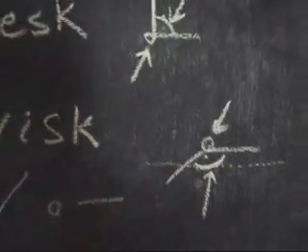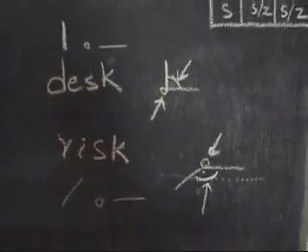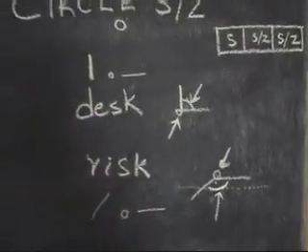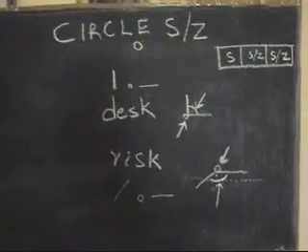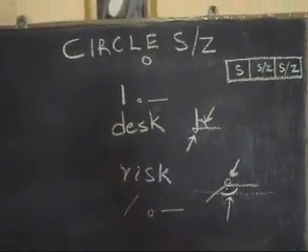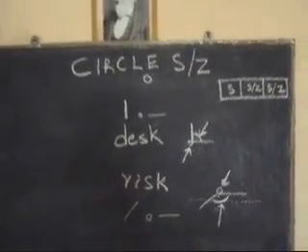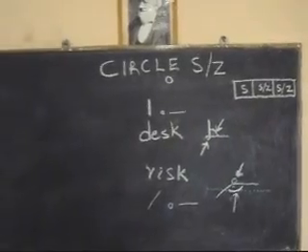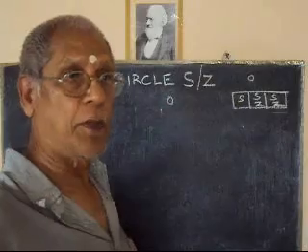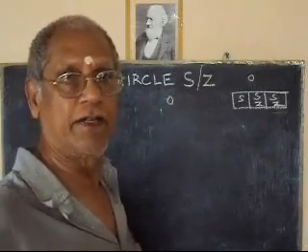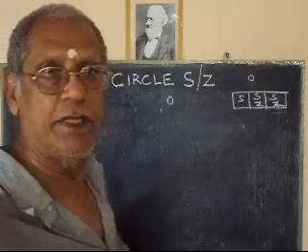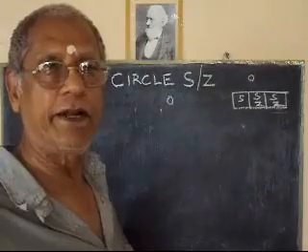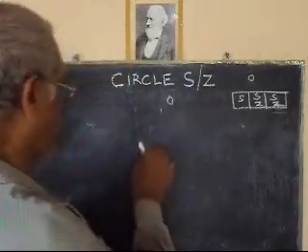So the circle is written outside the angle formed by two straight strokes. Suppose there is no angle. In such cases, the small circle is written with left motion.